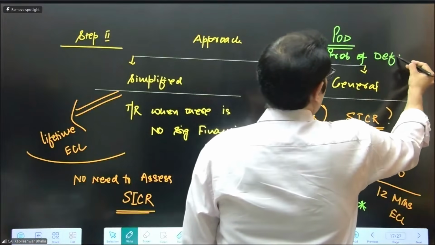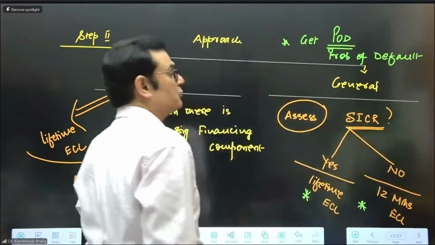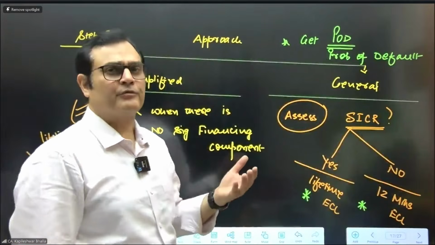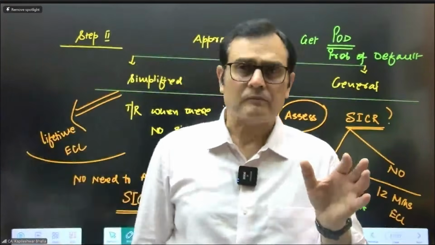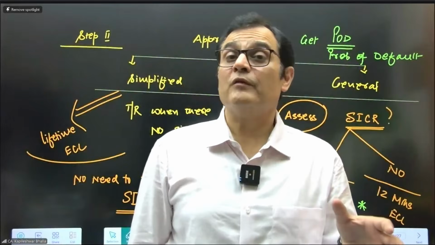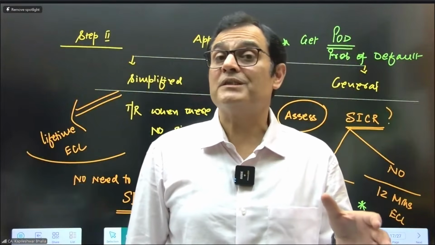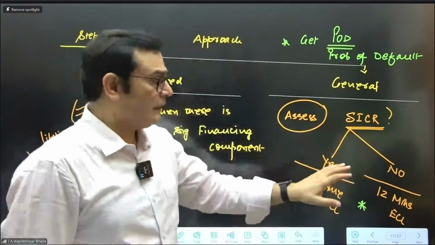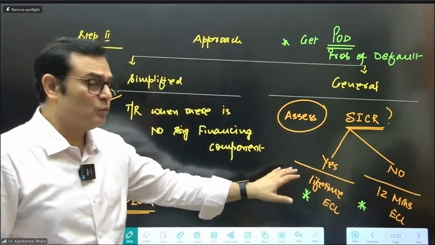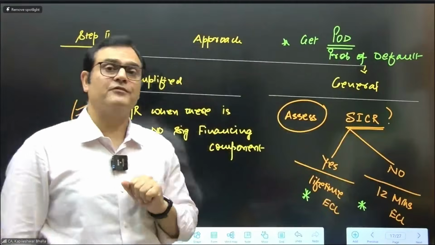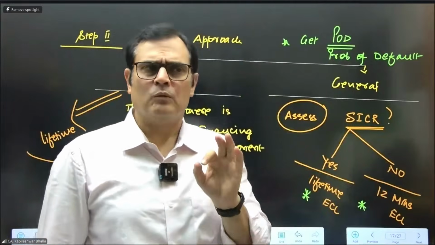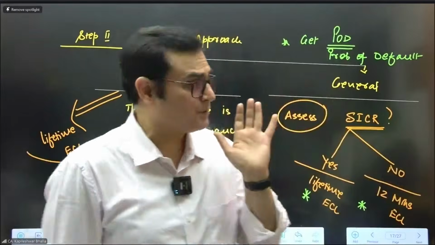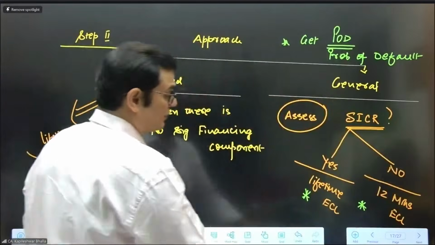In a larger practical illustration, it is always given to you. Like we remember the financial guarantee question: the probability of default was given as 1% based on a 12 months ECL, 3% based on a lifetime ECL. In any case, this assessment is only helpful in deriving the probability of default, which in a practical illustration is given. But conceptually, we need to know all this. Okay, so this is step number 2.